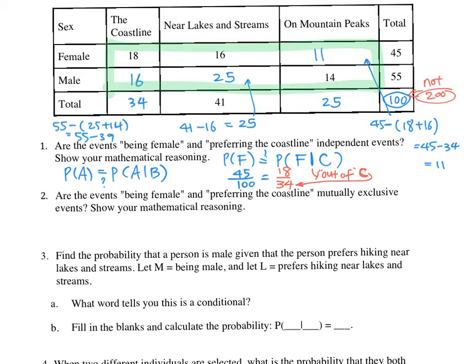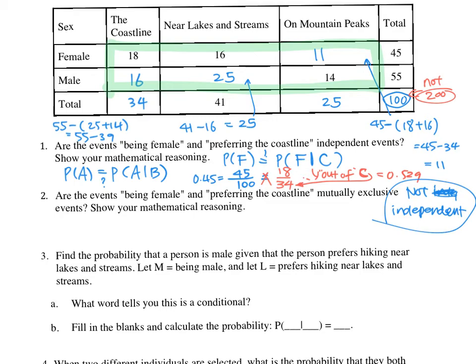I just want to make sure whether they're the same number. 45 over 100 is 0.45. And if I calculate the other one, 18 divided by 34, I get 0.529. So they're not equal. So my final answer is they're not independent. Again, for some questions, these two numbers will come out equal. That means I'm going to say that they are independent events.